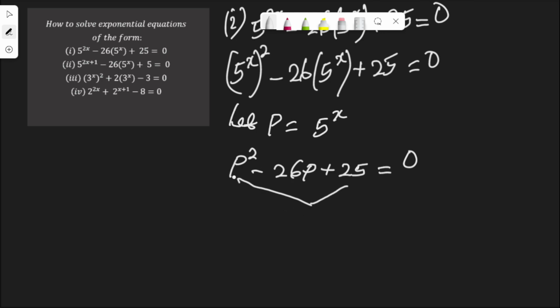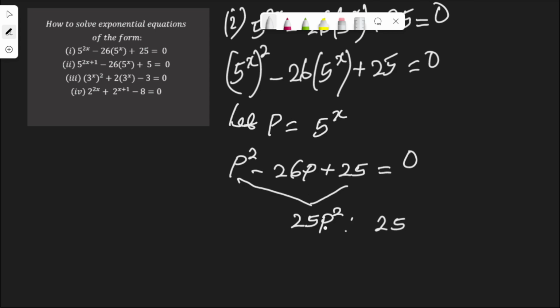First of all, multiply the first term p squared by the last term 25, which gives me 25p squared. Then I look for two factors of 25p squared that can add up to negative 26p. The factors of 25 that can add up to 26 will be 25 and 1.